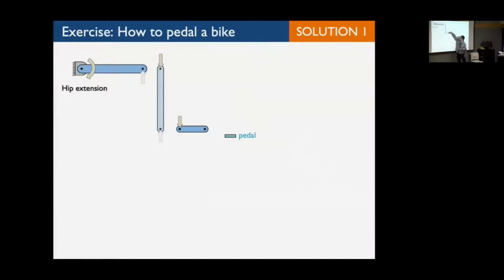We're going to whack it with a force acting downward on this end. So we already know what's going to happen here. It's going to cause a rotation like that. And then it's actually going to induce an upward force on the pedal. So according to this, it's a terrible idea for you to extend your hip if you want to apply downward force to the pedal.